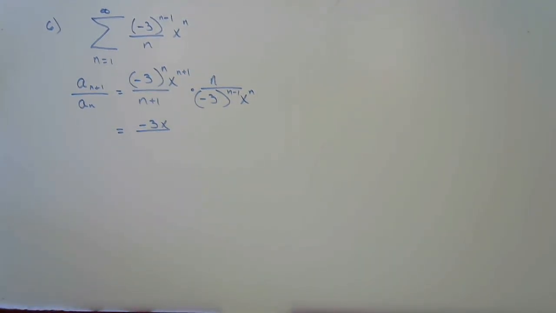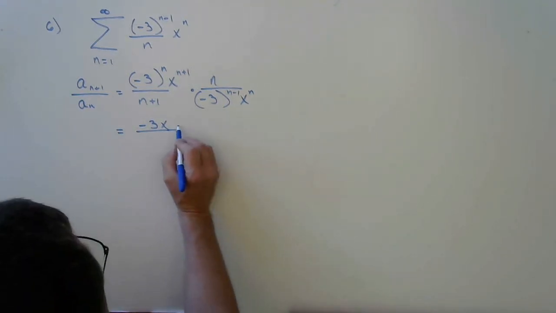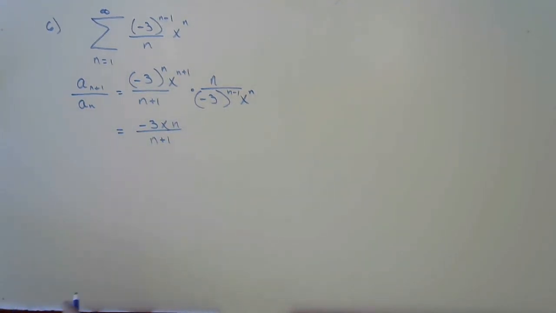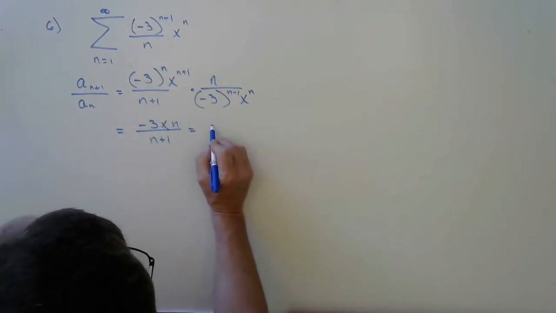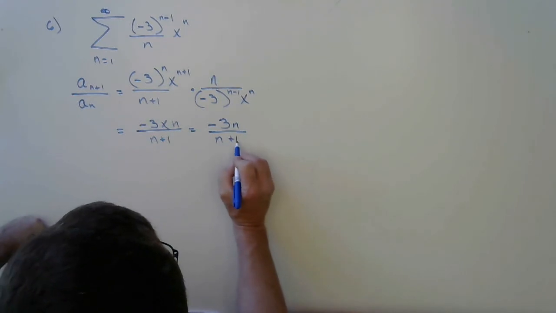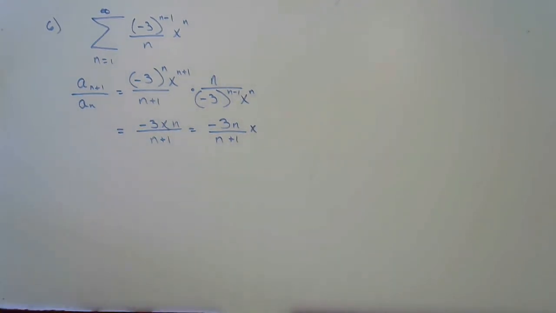And then what else do we have? We have n divided by n plus 1. So we have an n on the top, and we have an n plus 1 down below, don't we? So what are we left with here? We're left with negative 3n over n plus 1 all times x.